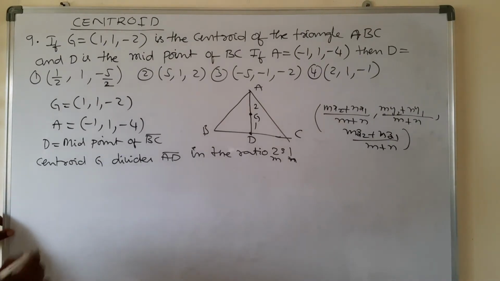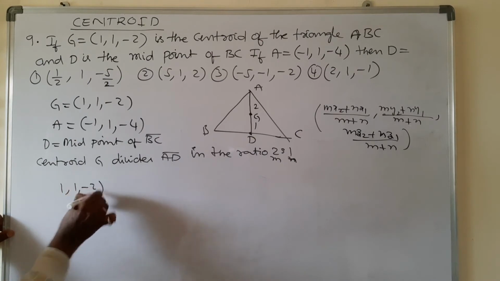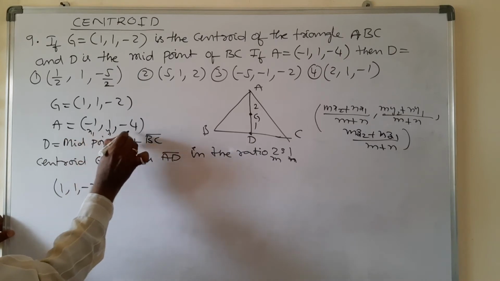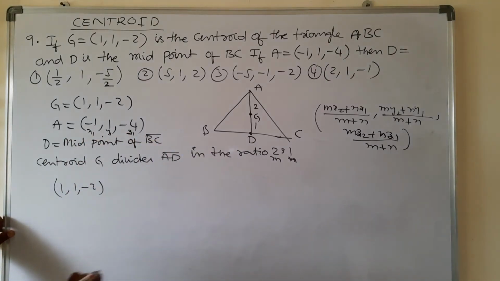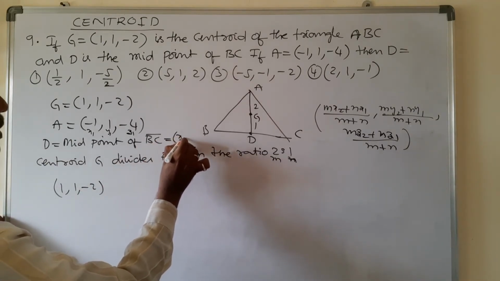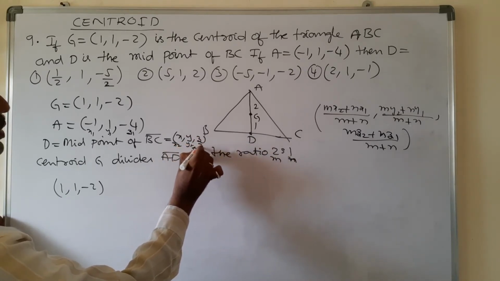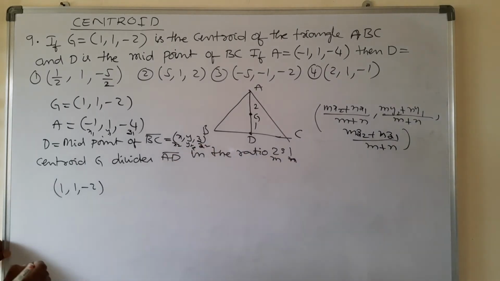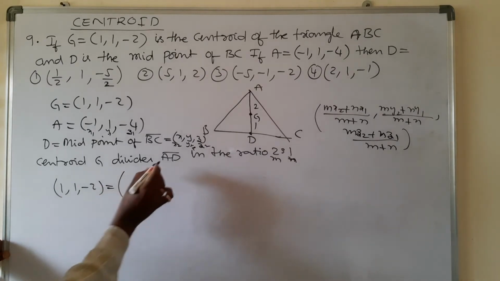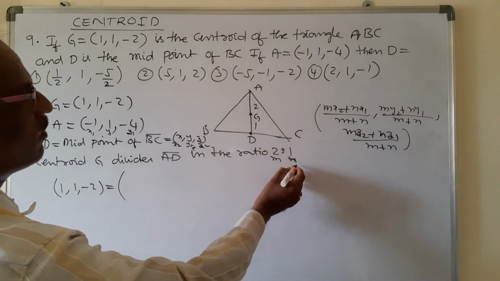To apply it, the centroid G coordinates are (1, 1, minus 2). Here capital A coordinates are x1, y1, z1. To find D coordinates, let D be (x, y, z), with coordinates x2, y2, z2. The centroid (1, 1, minus 2) is equal to, applying the formula, G divides AD in the ratio 2:1, m value 2, n value 1.